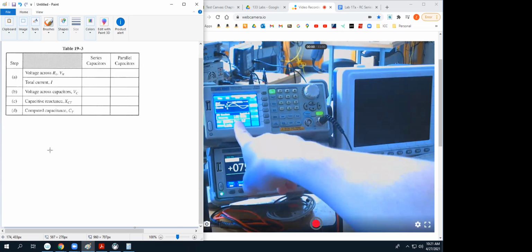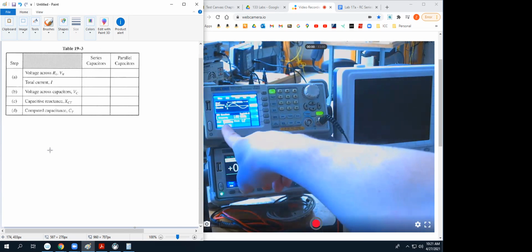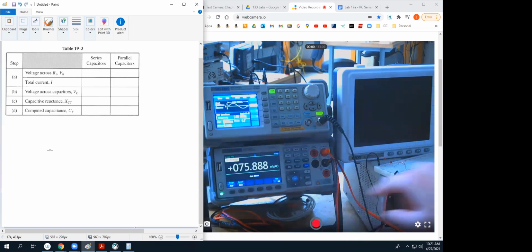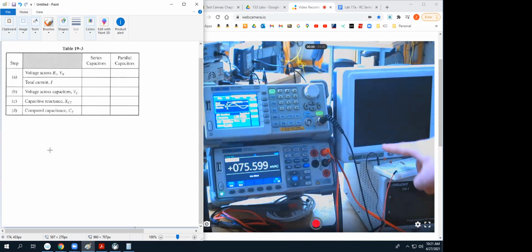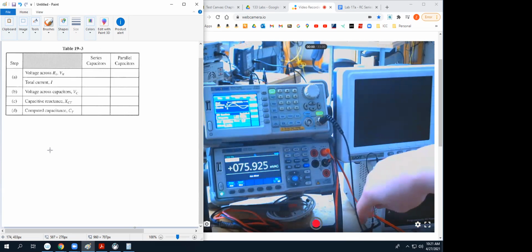So I'm still on 1 kilohertz, 1 volt RMS. I am hooked up to the circuit, so I need to follow those guidelines. Procedure 7A: find the current in the circuit by measuring the voltage across the resistor as before.